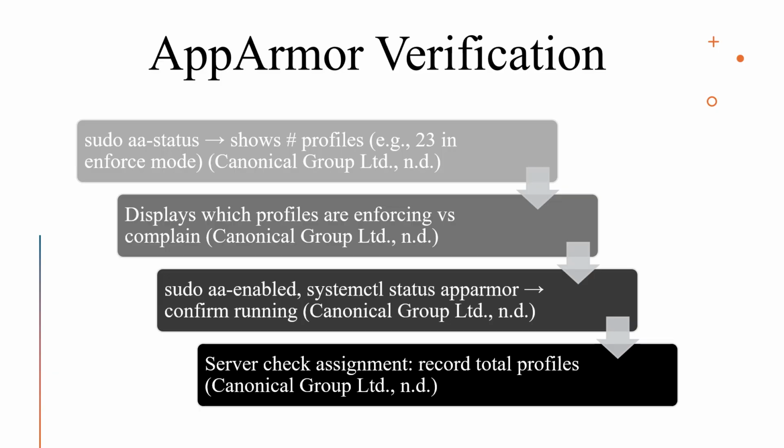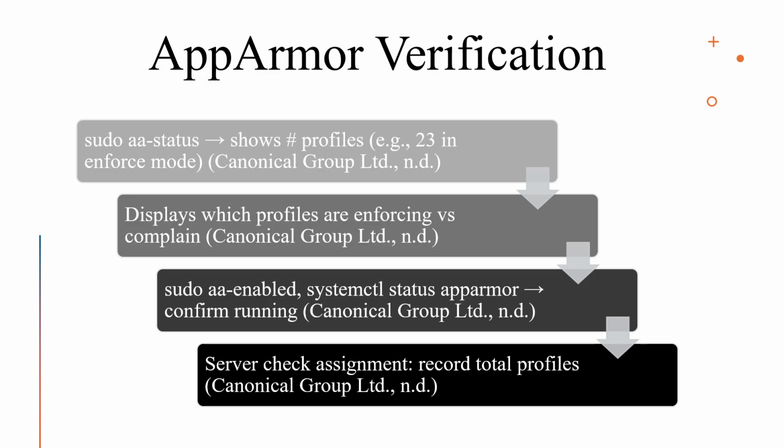Verification ensures that our hardening is actually applied. To verify AppArmor is active, Ubuntu documentation shows we use the command sudo aa-status. This command displays how many profiles are loaded and whether they are in enforce mode or complain mode. For example, the system might report 23 profiles are in enforce mode.